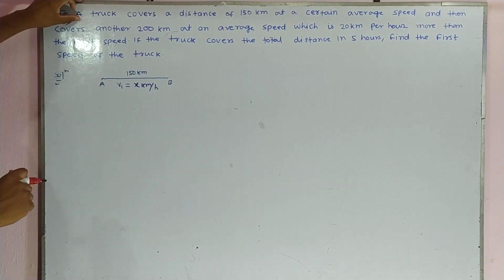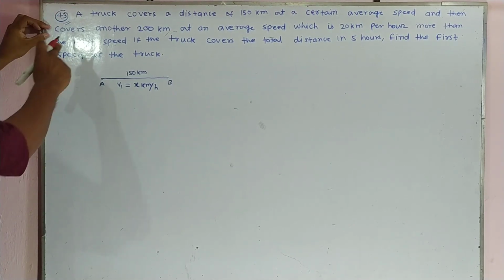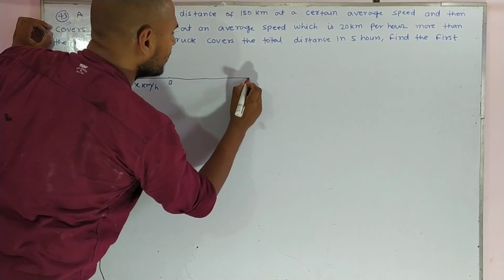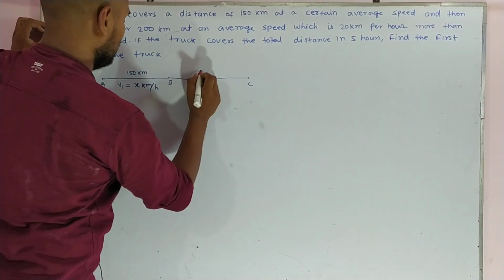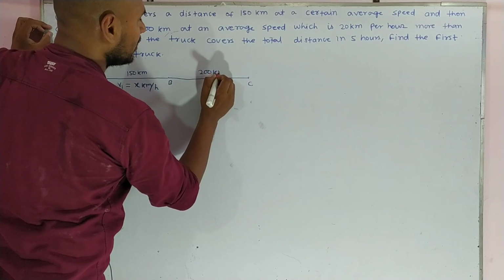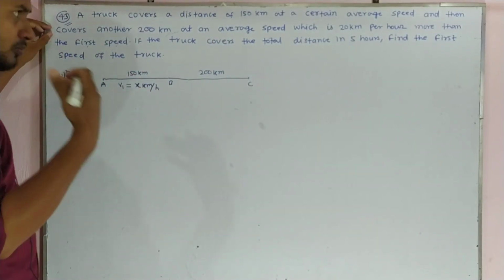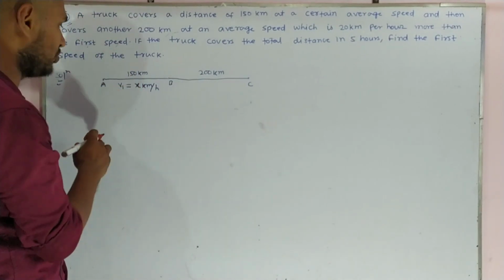Then it covers another 200 km from B to C, at an average speed which is 20 km per hour more than the first speed.